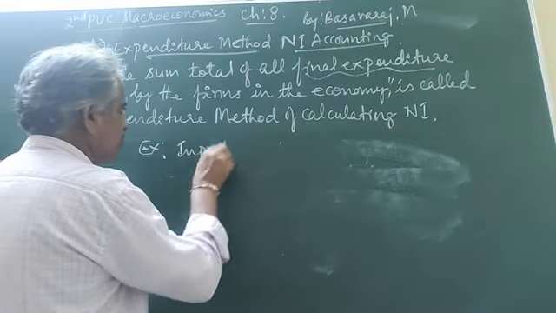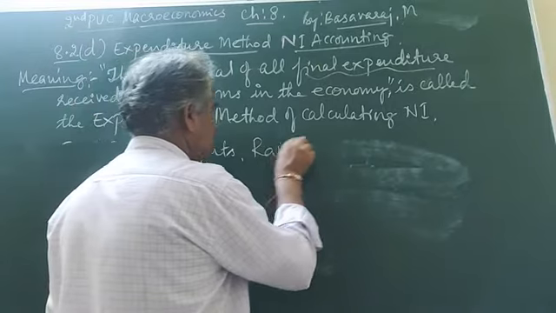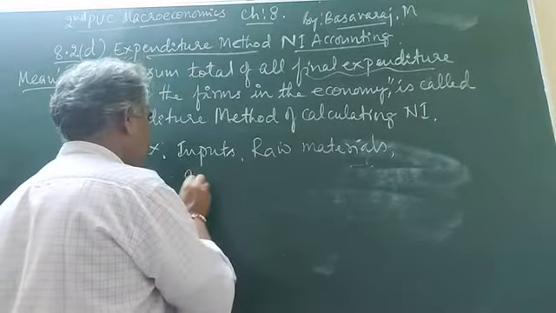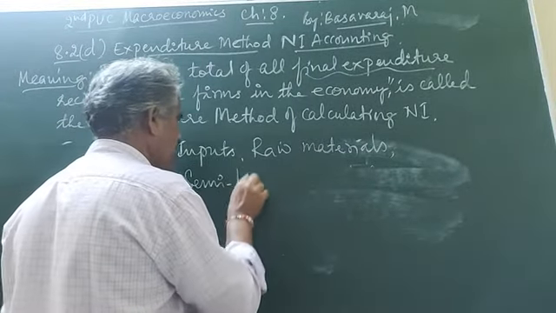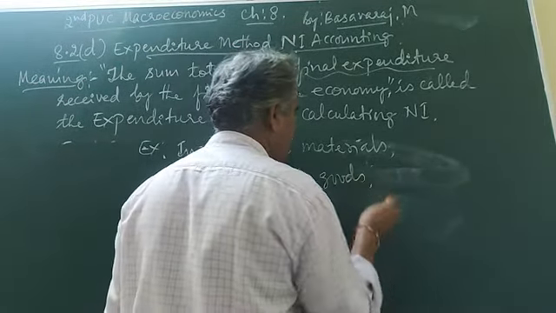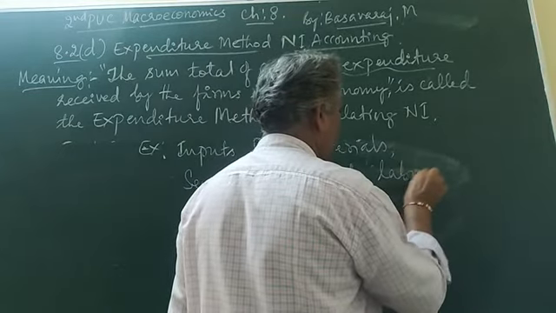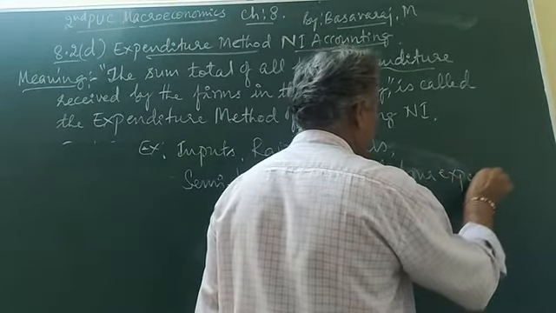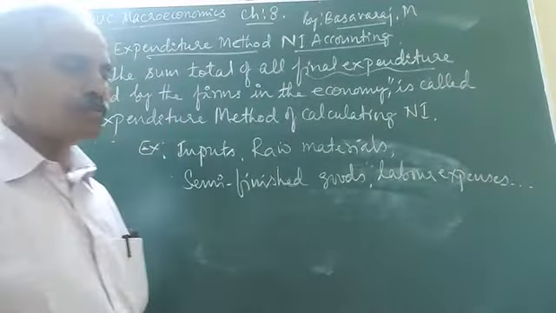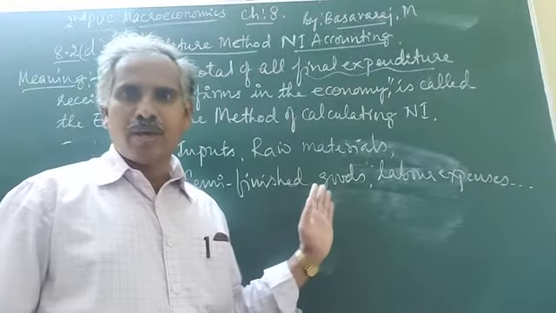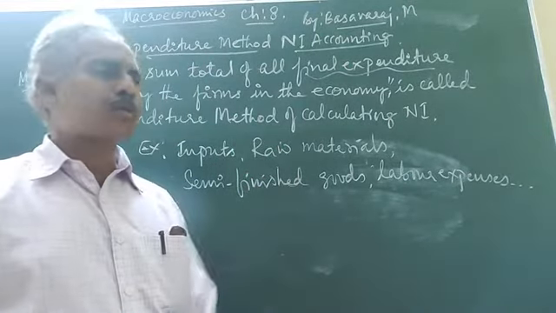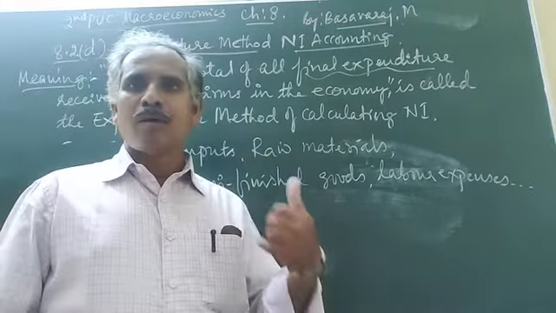Example inputs: raw materials, semi-finished goods, labor expenses, etc. This is the way the firm can spend on buying the goods to produce other goods, which is called final expenditure.